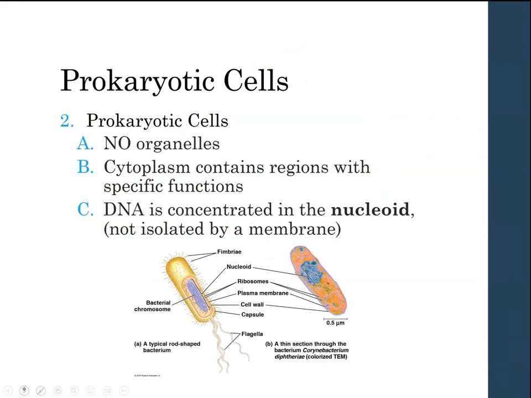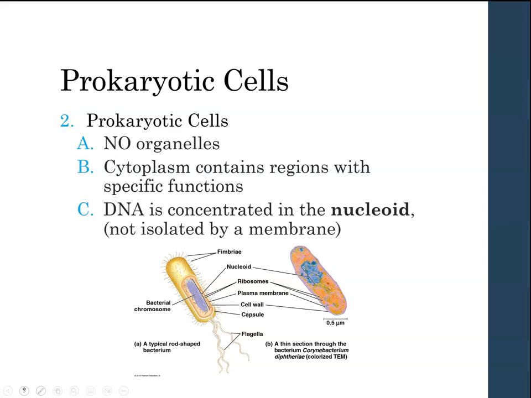So let's talk about our prokaryotic cells. So prokaryotic cells do not have organelles. They don't have specific isolated regions for their functions. But the same functions, energy conversion, energy acquisition, producing proteins, all of those things that are important for living organisms still happen. They just happen in the cytoplasm rather than isolated organelles within the cell.